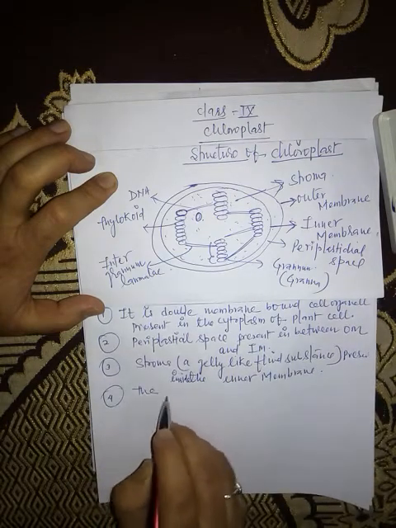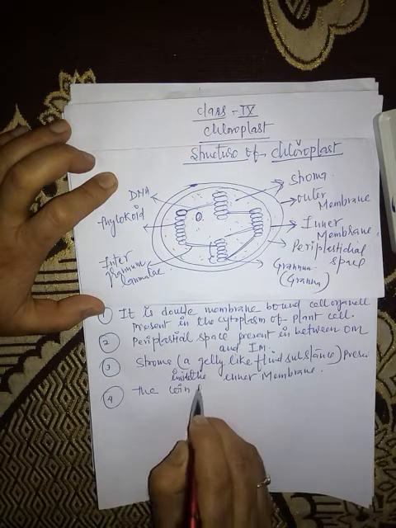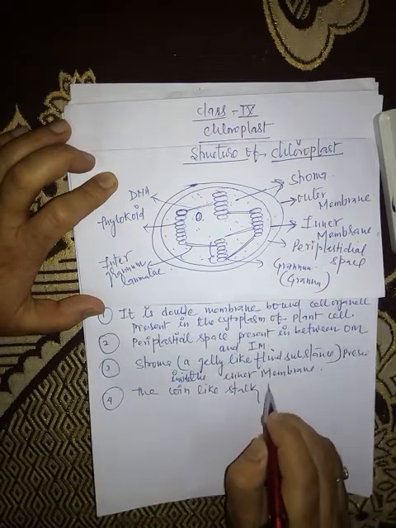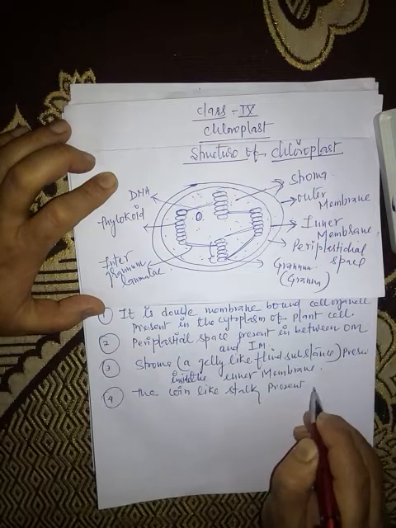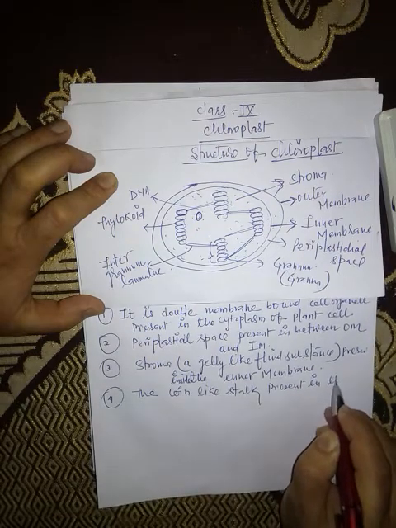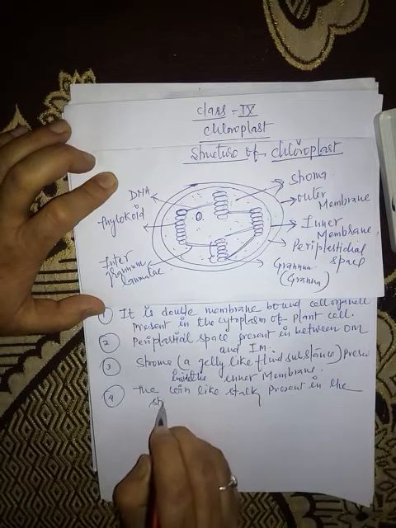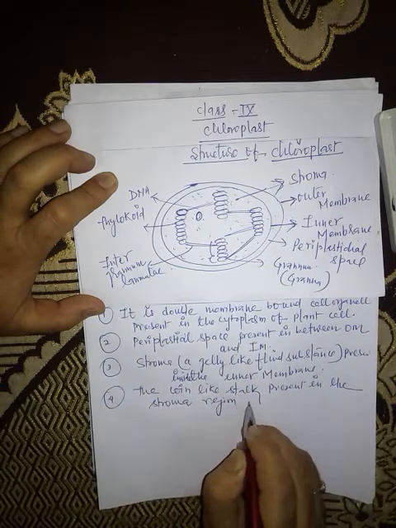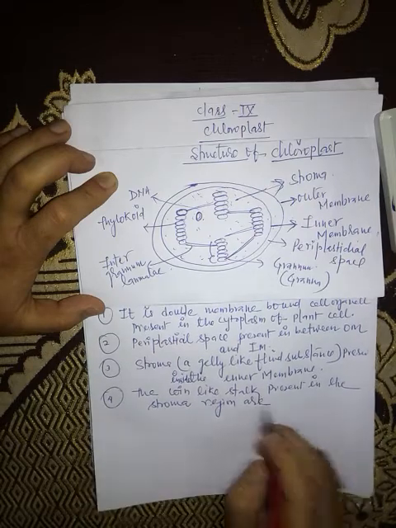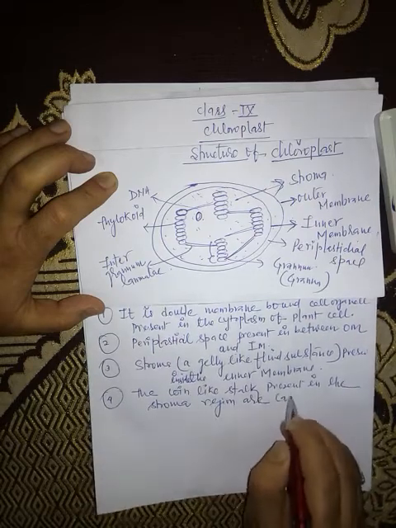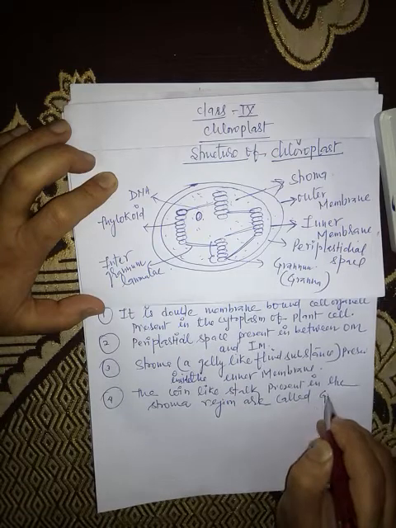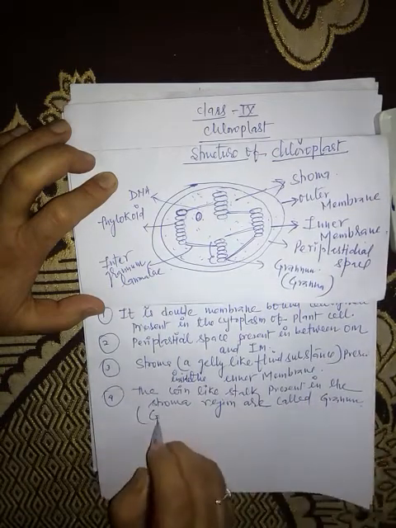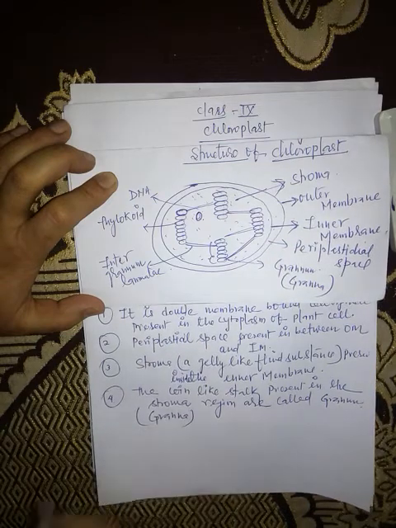The coin-like stalk present in the stroma region is called granum. This is singular, and all are collectively called grana. This is the plural word.